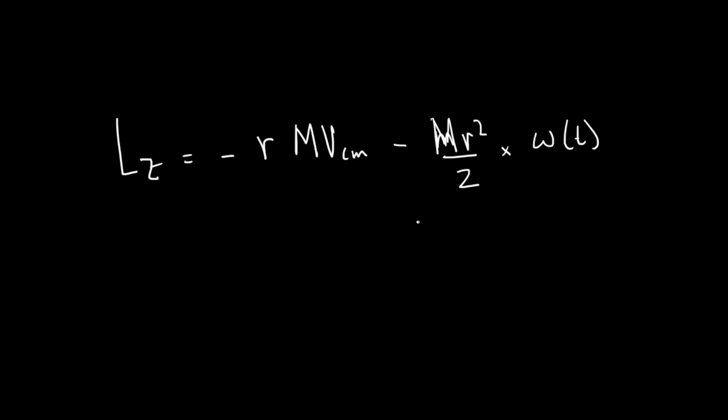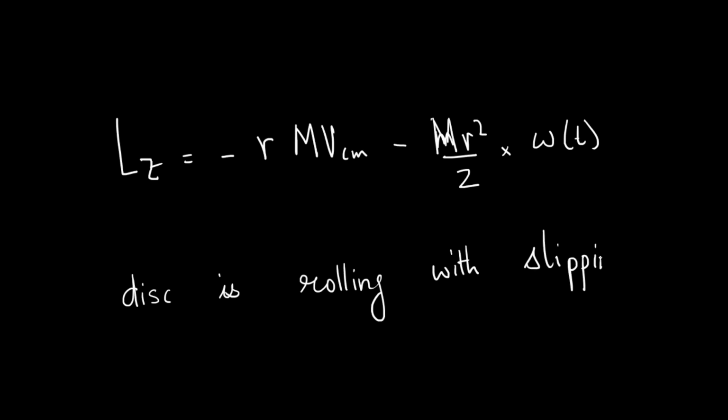Right, now there is a constraint which we still haven't used. The disk is rolling without slipping. So we're going to now discuss this, and let me tell you a priori what is the result.